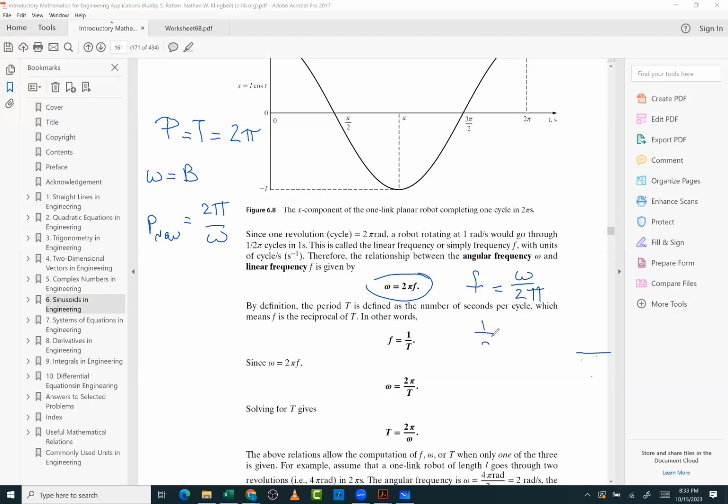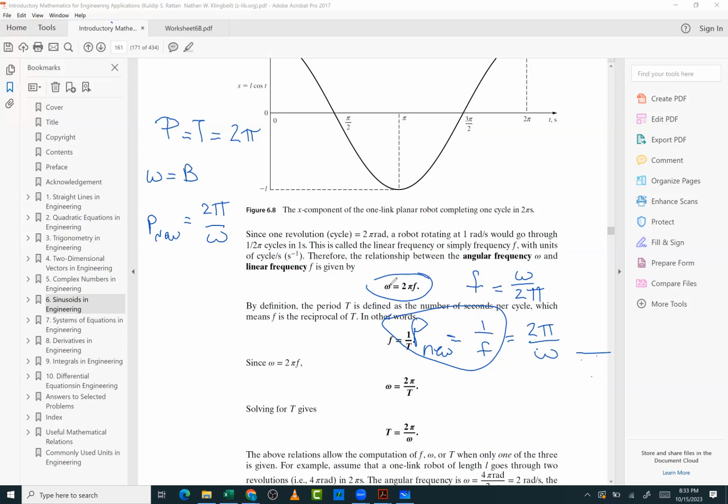So 1 over the frequency is equal to 2 pi over omega. Do you agree with both of those statements? Now, 2 pi over omega is the same as my new period. So we can see that they're just reciprocals.